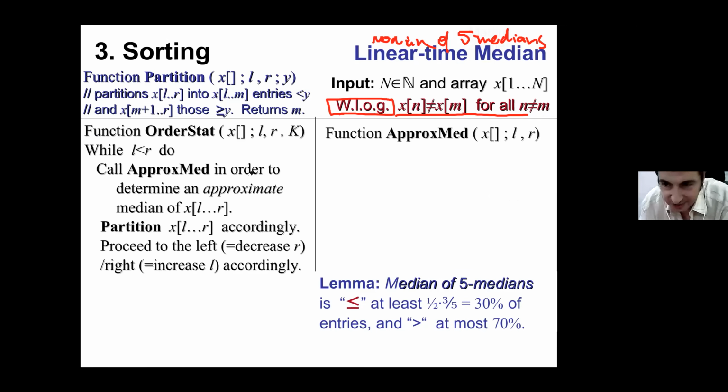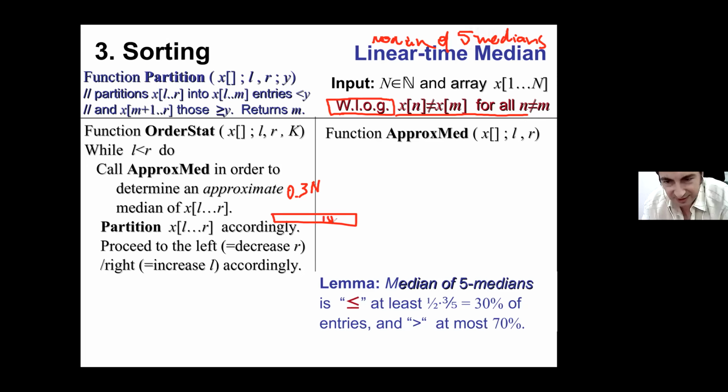The one piece is the order statistics, which operates on a piece of the array x between L and R and for a given element k. What the order statistics does is it calls the approximate median to determine a 0.3n approximate median. Then you call this function partition, which I explained before, to split everything.